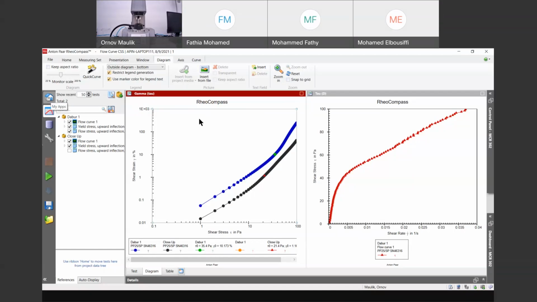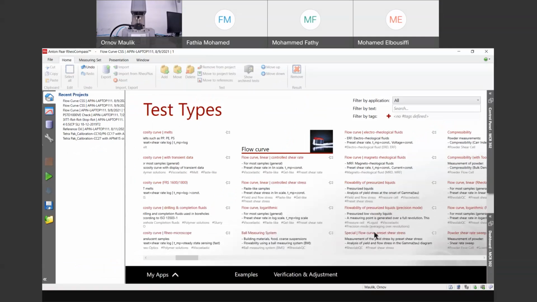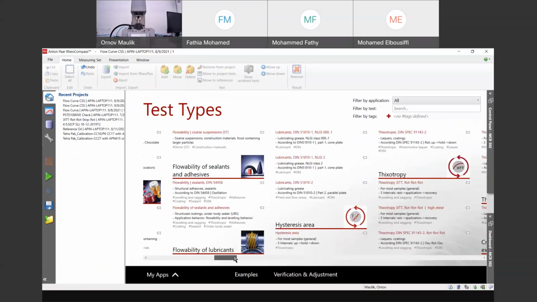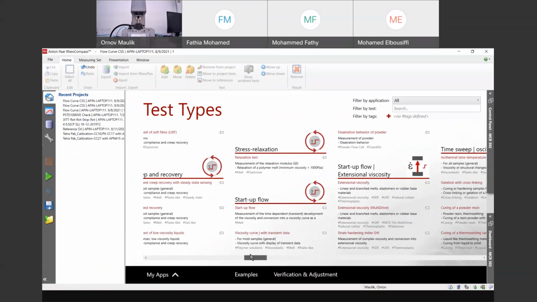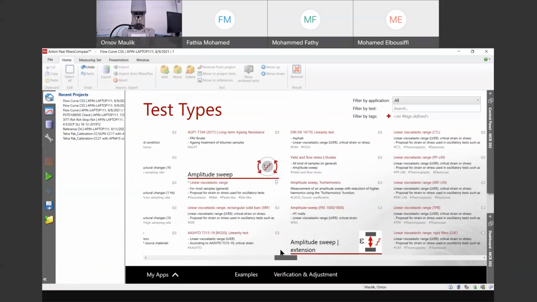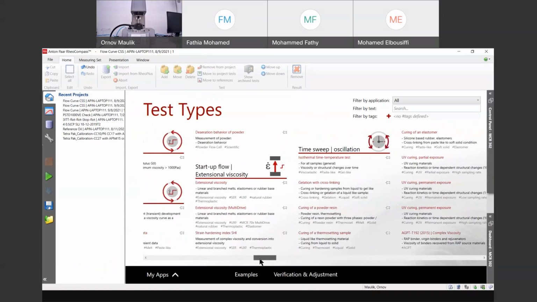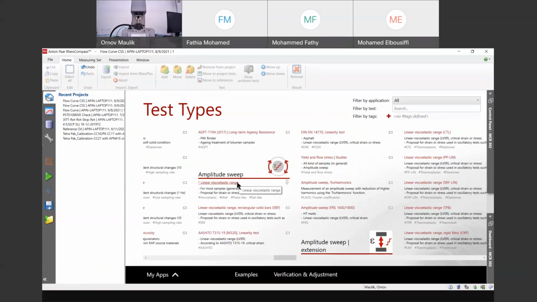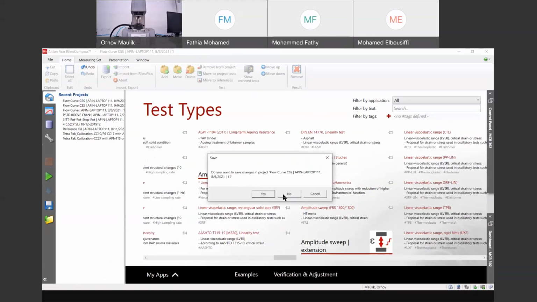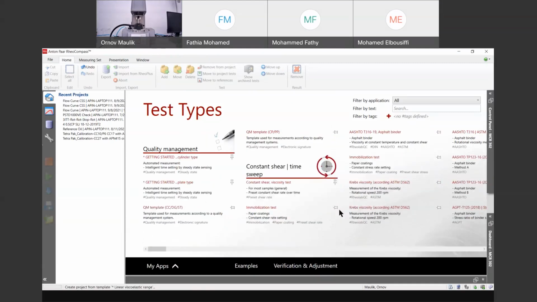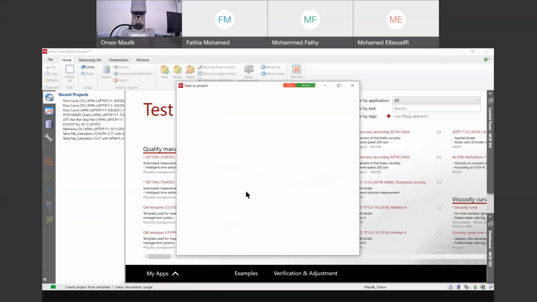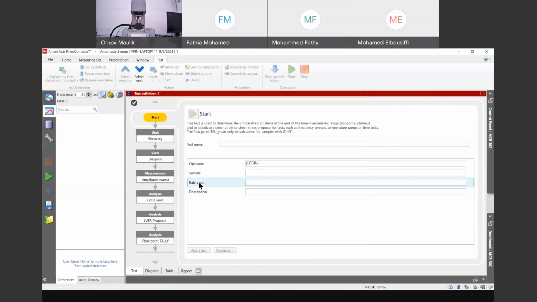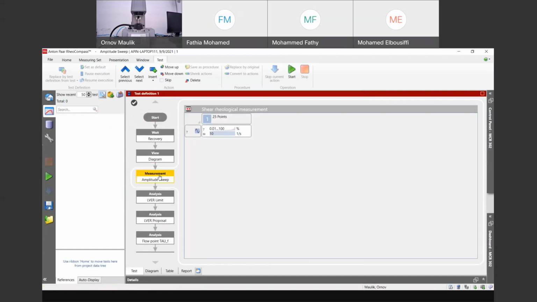So let us switch to the oscillatory test now. Here we have different sorts of oscillatory tests. Of course, I am not going to show you all, but we can go ahead with the amplitude sweep. This is a typical amplitude sweep test template where you can see measurement details.